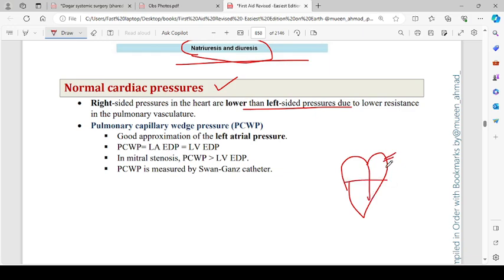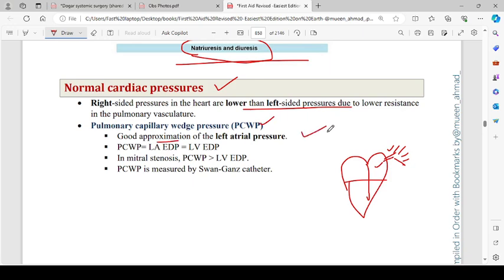There is a very minor pressure difference between the pulmonary veins and the capillaries behind them, and the pressure of the pulmonary veins is similar to the left atrium. So if we measure the pulmonary capillary wedge pressure, we can estimate the left atrial pressure. It's a good approximation of the left atrial pressure.